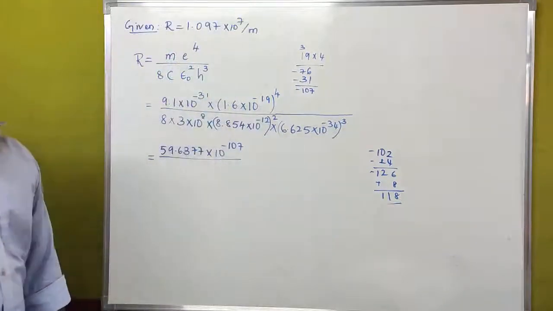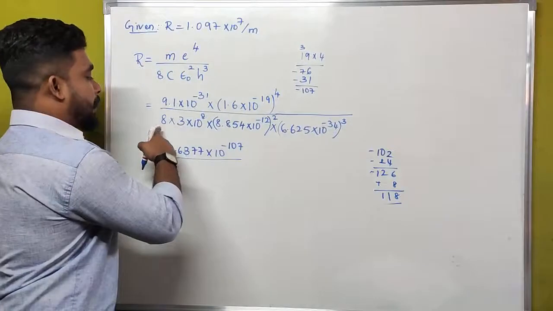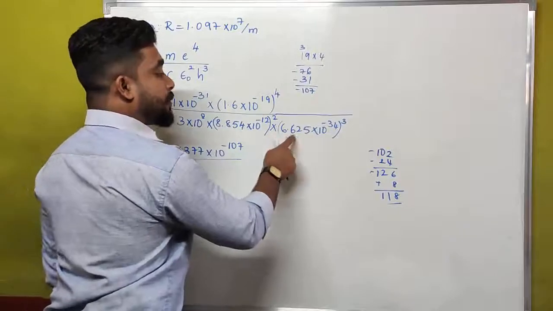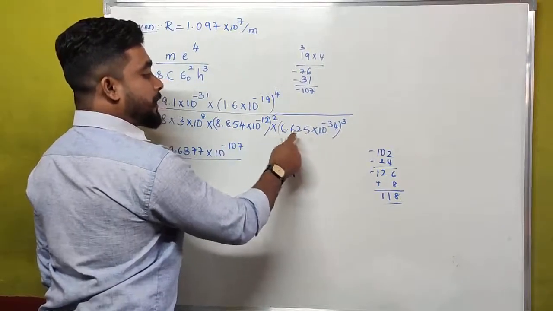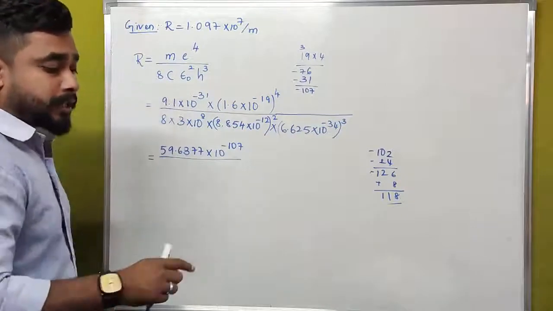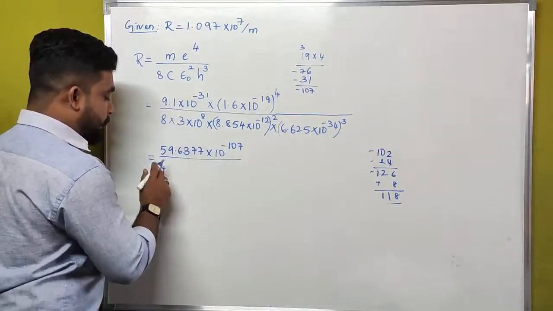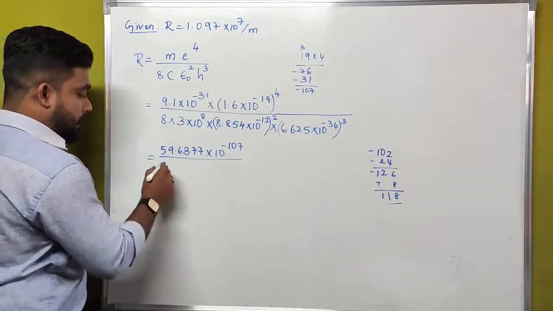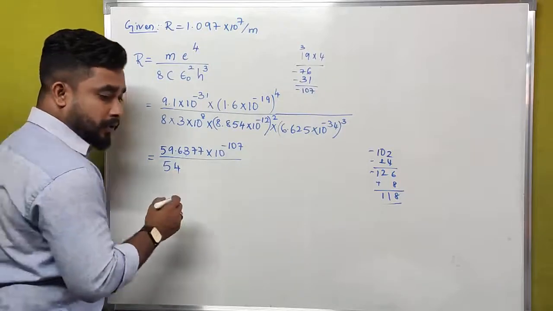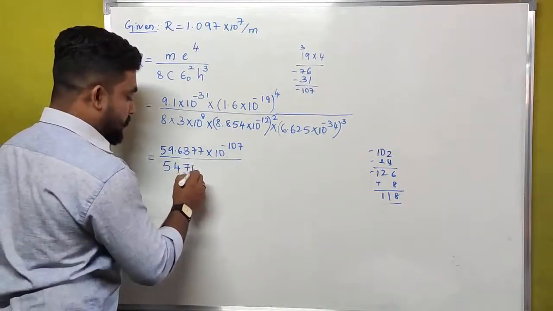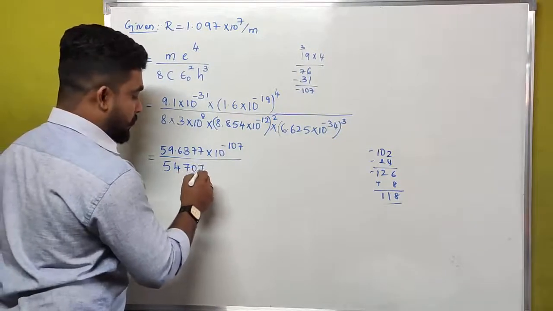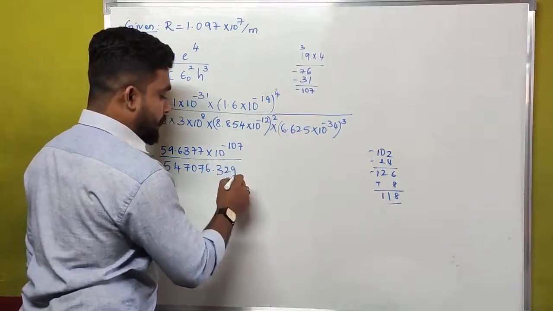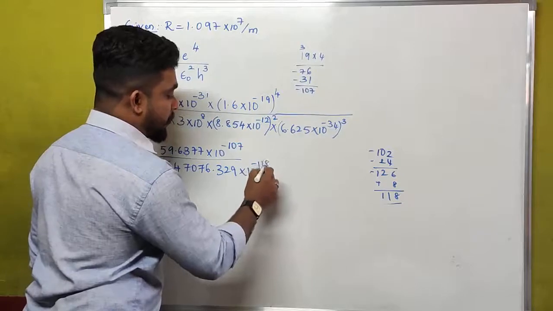118. That is 118. If we multiply 8 into 3 into 8.854 into 8.854 into 6.625 into 6.625 into 6.625, what we will get here is 5,47,076.329 into 10 to the power of minus 180.